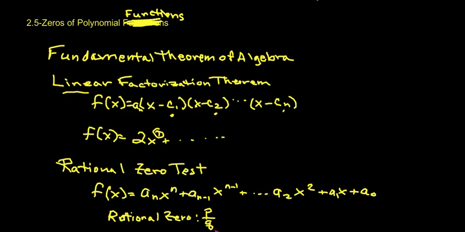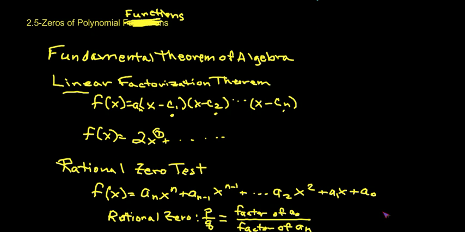What's going to happen is the value for p is going to come from a factor of my constant, a sub 0. The q value is going to come from a factor of a sub n, or our lead coefficient.